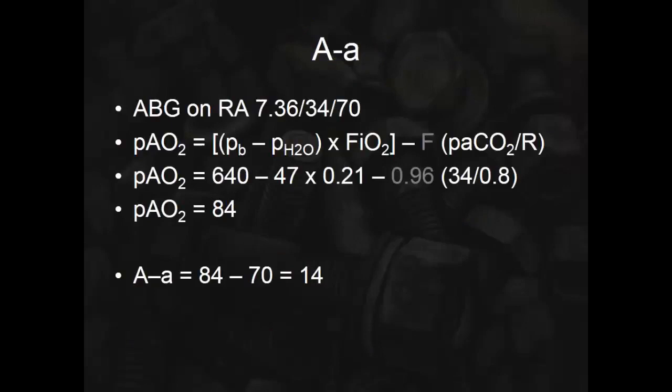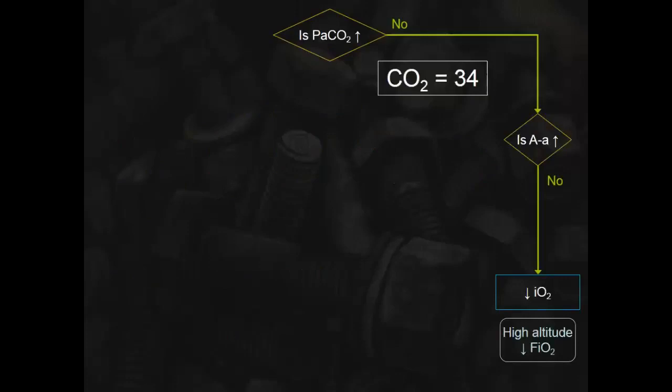For age 38, probably okay. Yeah, their predicted is actually 14. So they have no increase in A gradient. It's only a decrease in inspired O2. You can say to this person, you don't have pulmonary edema from high altitude. And they say, what about a chest X-ray?